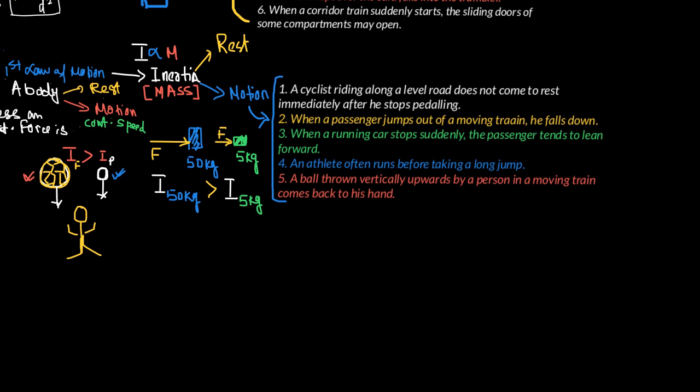But whenever it stops, the lower portion of your body has come to rest because it is in contact with the car, but the upper portion is still in motion, exactly the same as the second point. The upper portion of the body is in motion, so it tends to fall forward. That's why you should always wear a seat belt. This is because of inertia of motion.